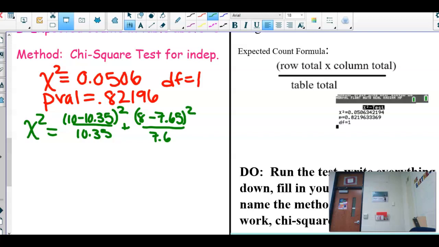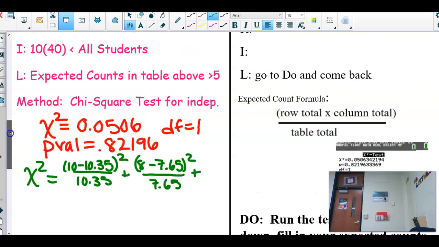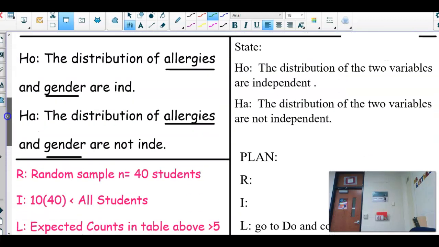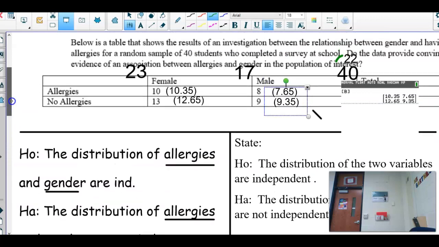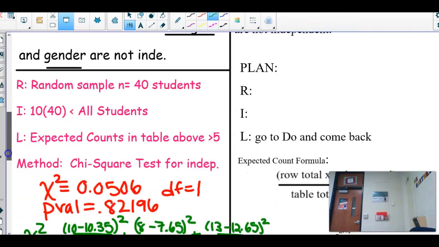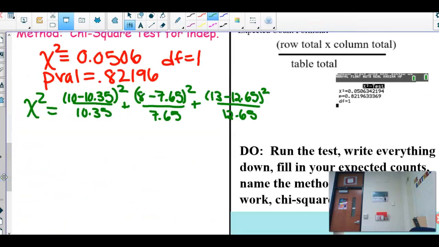Divided by 7.65 plus 13 minus 12.65, I believe it was. And then finally 9 minus 9.35 squared divided by 9.35.